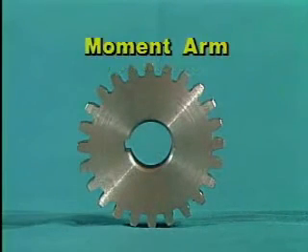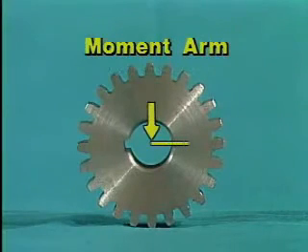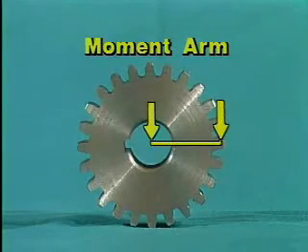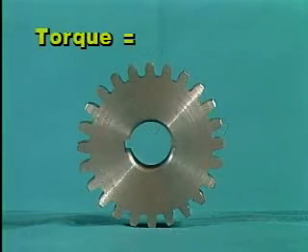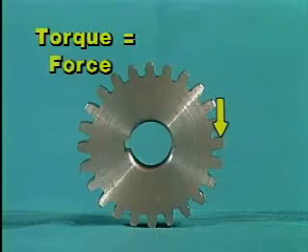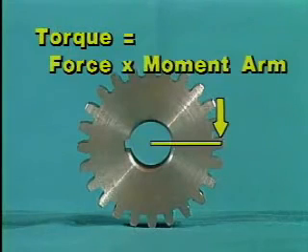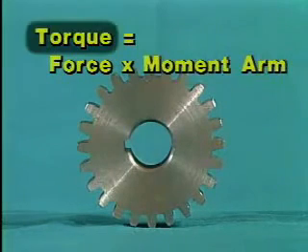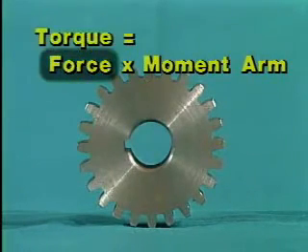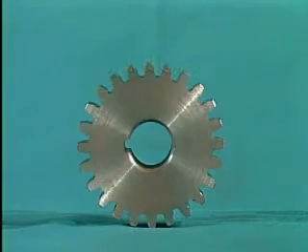The term moment arm stands for the distance from the center of the gear's rotation to the point at which force is applied. So, torque equals the force that's applied to a gear times the gear's moment arm. This means that the longer a gear's moment arm, the greater the amount of torque that's produced for a given amount of force.